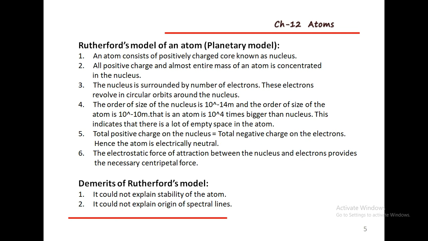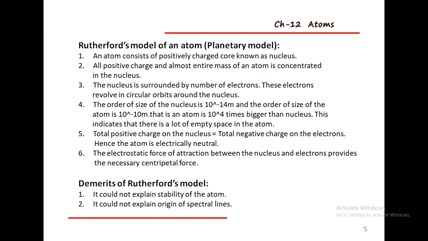By seeing these experiments, Rutherford's model of an atom was given, and this is also known as the planetary model. An atom consists of a positively charged core, known as the nucleus.